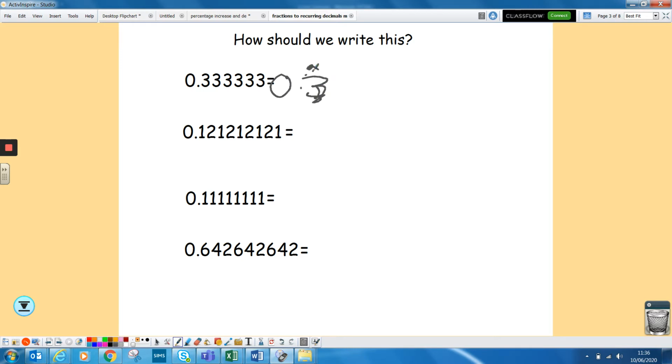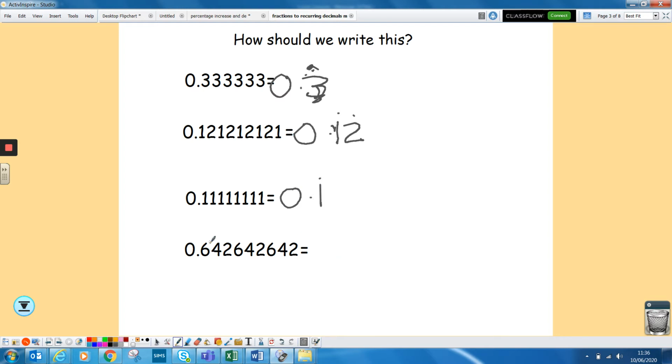Like this one, 0.12, and when you've got 2 digits, you just do a dot above both digits. Again, 0.1 recurring, so 0.1 with a little dot above it.